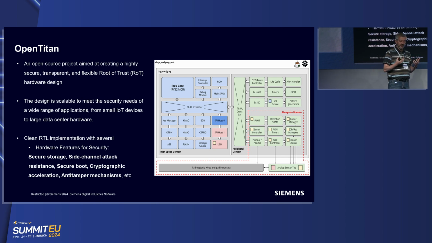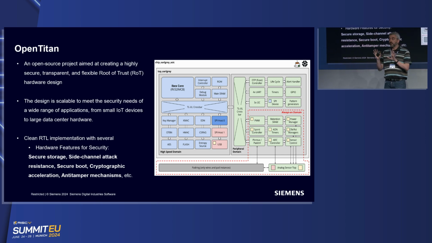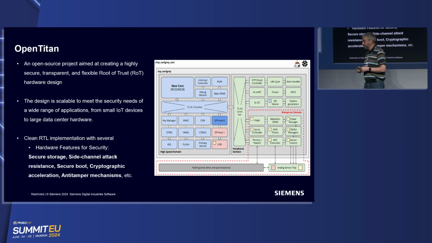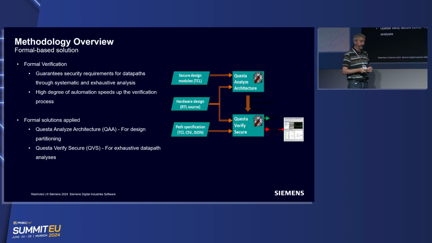It's actually a sizable design which has quite a lot of security features in it, some of which you may know a lot better than myself. But suffice it to say, it is an SoC with an interconnect and quite a few things acting together, and it lends itself nicely as something to analyze some specific security problems on.